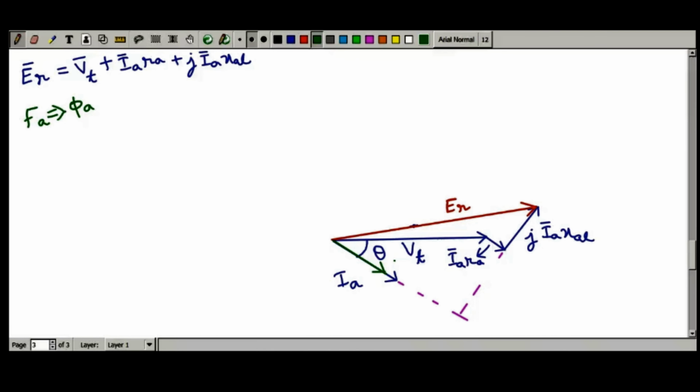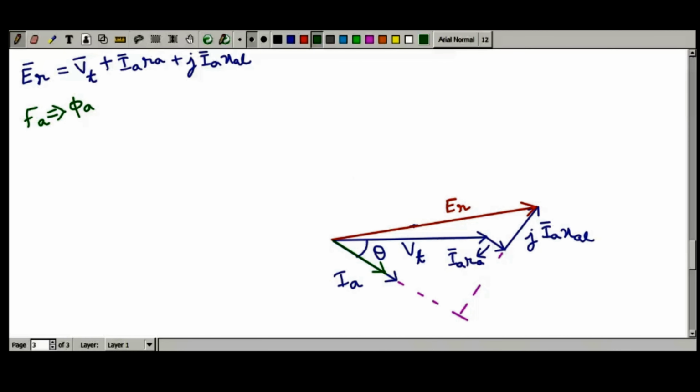But EMF is induced in the armature winding, so it is statically induced EMF. It will be like transformer EMF, and the induced EMF due to the flux in the armature winding will be lagging by 90 degrees.